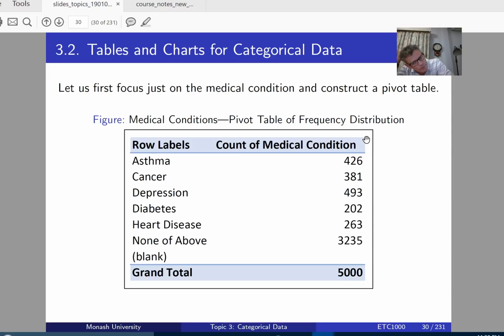So this is the output here. This tells us how many people are in each category. It's interesting enough. You can see the most common category is none of the above. So well over half the people don't have any of these diseases, but the most common of those that do exist is depression with 493, and then the least common is diabetes with a couple of hundred. Okay, so you get some kind of messages from presenting the data this way.